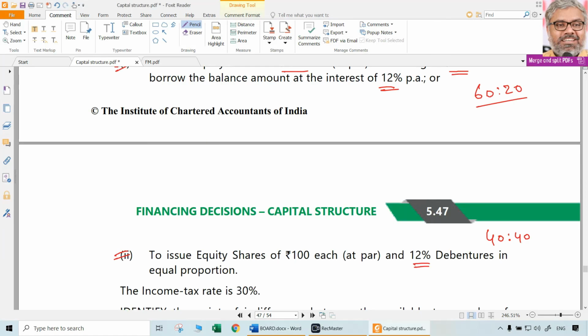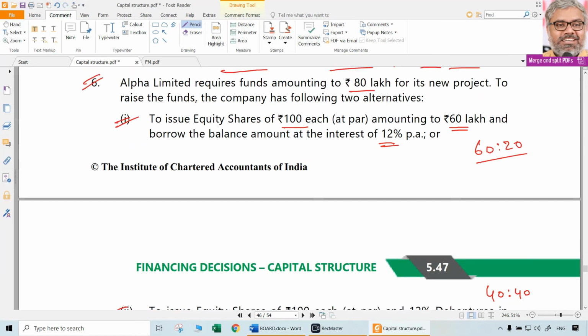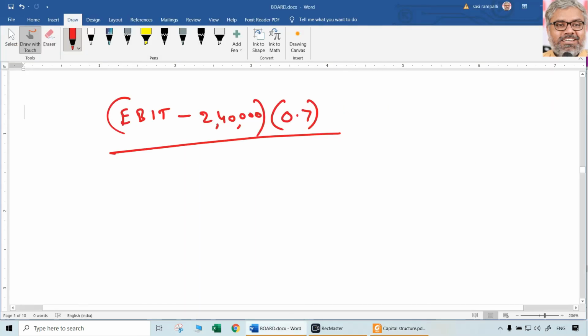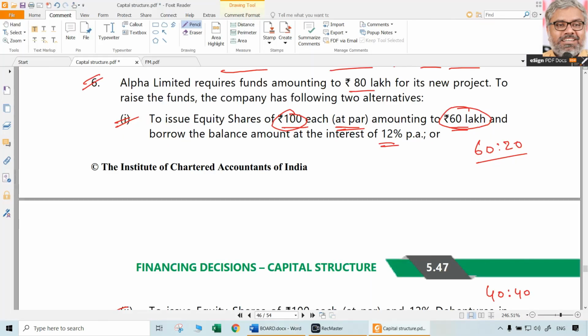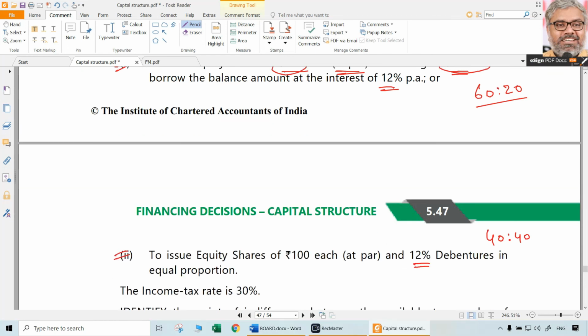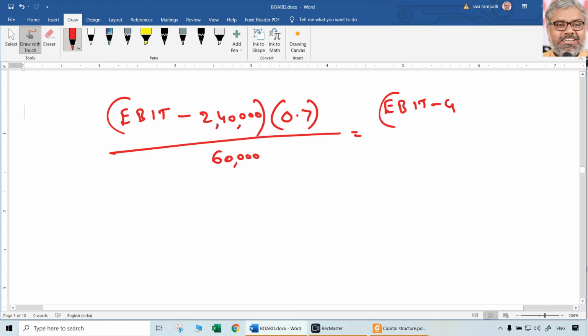Tax rate is 30%, which means 0.7 is 1 minus tax rate. Divided by the number of equity shares. So, the number of equity shares will be how many? Because you have to raise 60 lakhs rupees through equity, 100 rupees is the face value of the share, and it is going to be issued at par only. So the number of equity shares here will be 60,000 in option 1. That should be equated to EBIT minus interest in option 2, which will be 40 lakhs into 12%, 4,80,000.